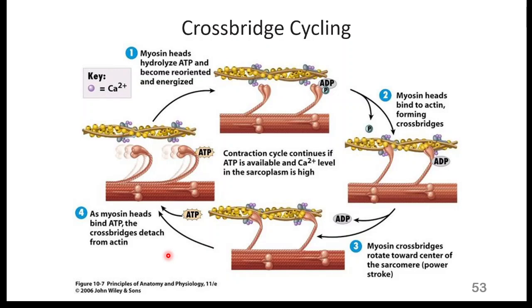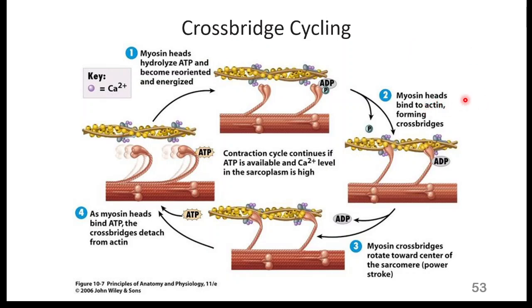So this is what we're talking about again. If we look at this illustration of the cross bridge cycling, myosin heads hydrolyze ATP. They become reoriented and energized.